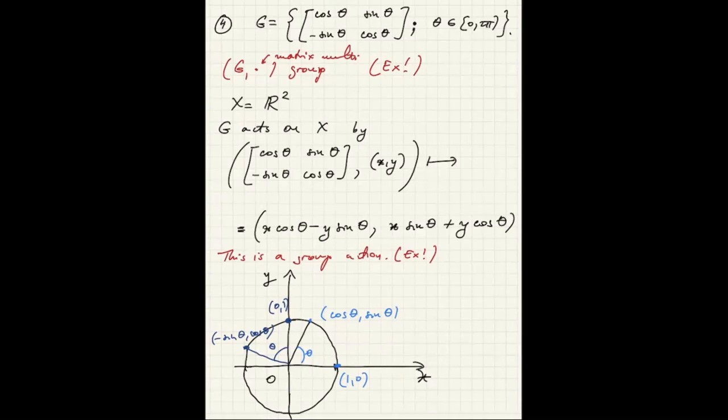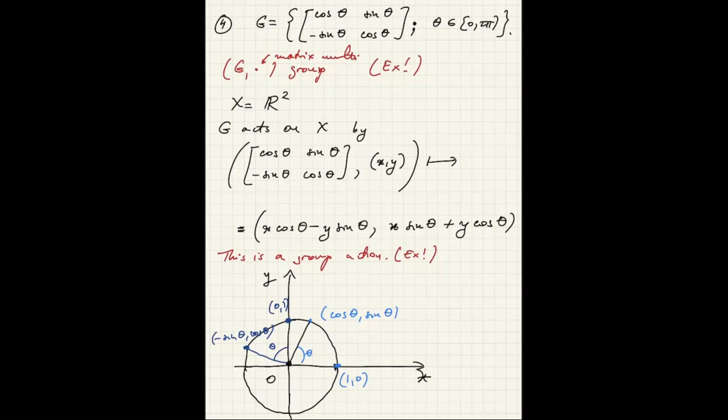Okay, so this is what happens for these 2 points, but in general, when this matrix acts on a point, it just rotates the point counterclockwise by an angle of theta. So that's the meaning of this action.